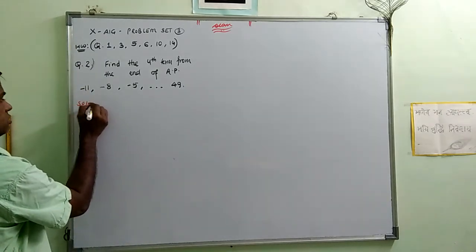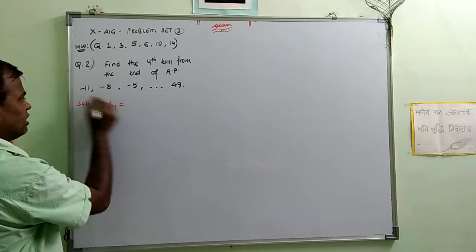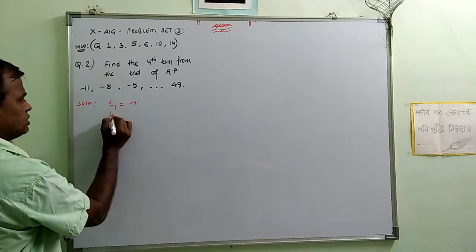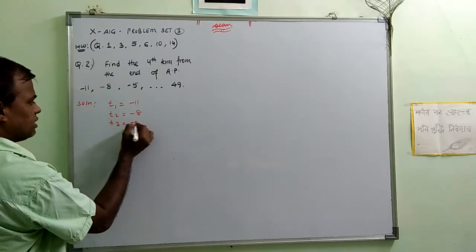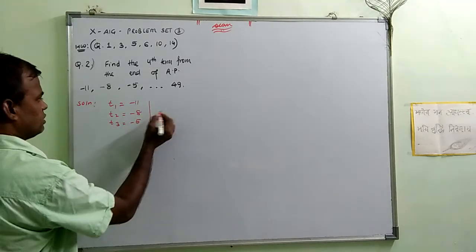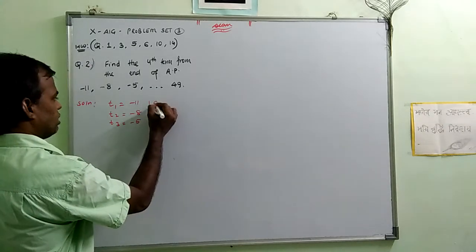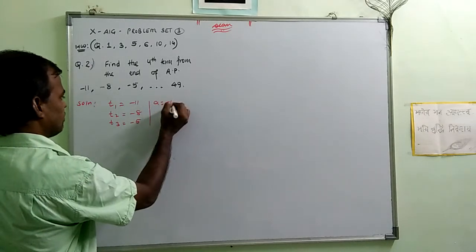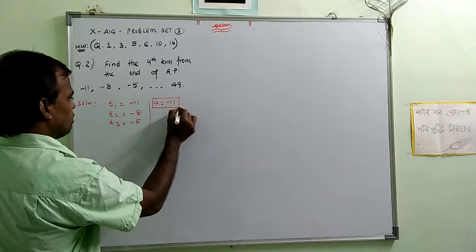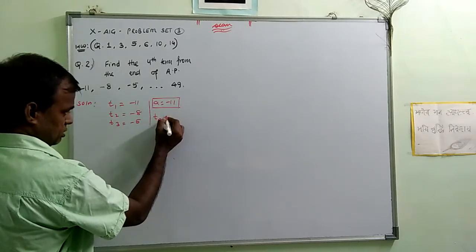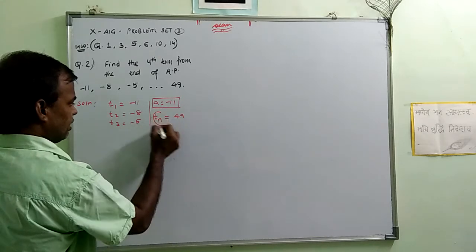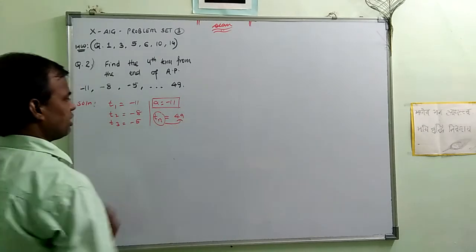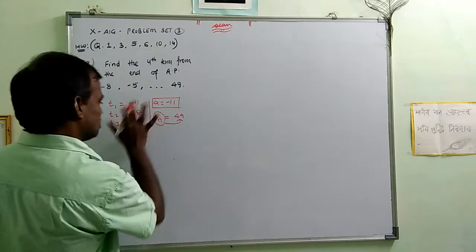So the solution. Here t1 we have -11, t2 we have -8, t3 -5. Okay, a is equal to -11. The value of T of n is 49. Okay, so these things we have.